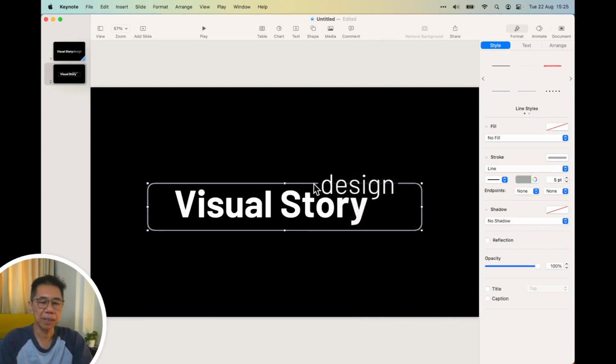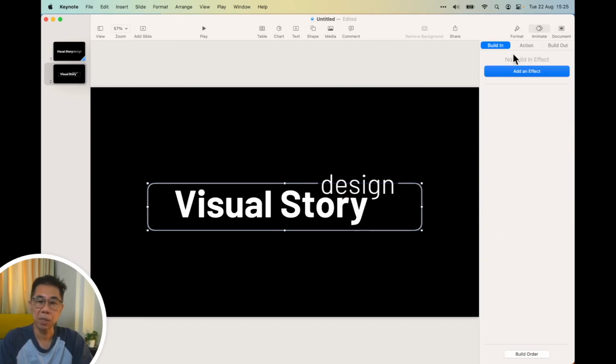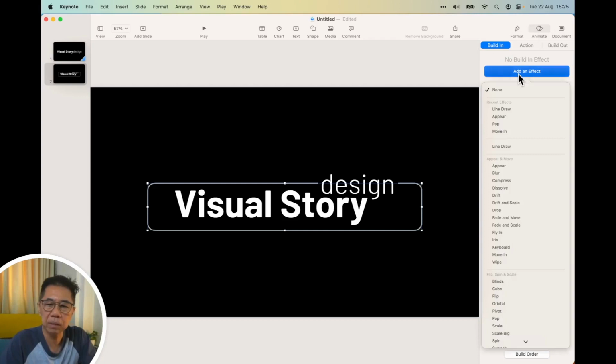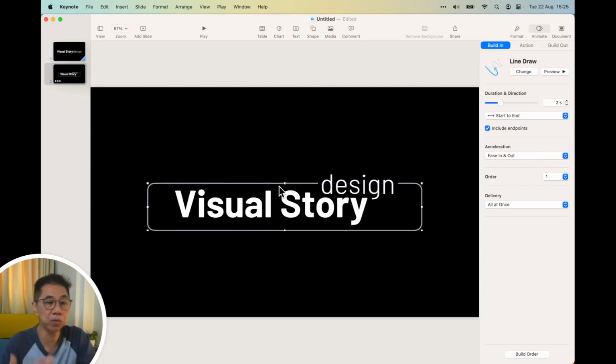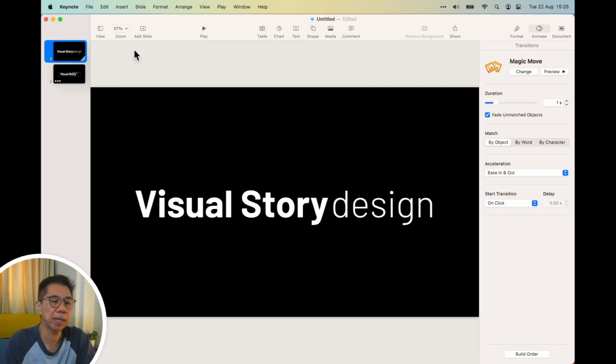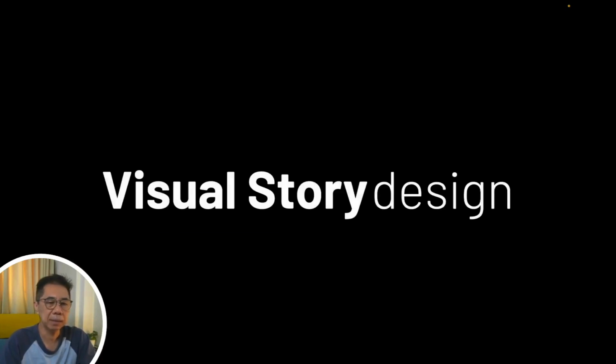Okay, once I've done that, then I will add an animation. In this case, I'm going to add a build. So I build in, add an effect using line draw. You can see that that's very nice, right? It's like drawing the box as you move into the slide. So from there, let's play that again.